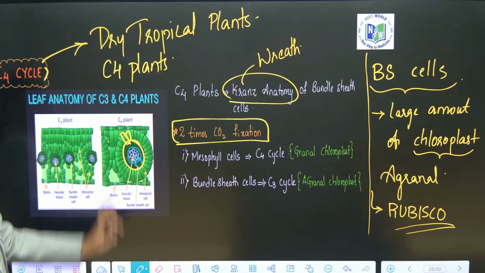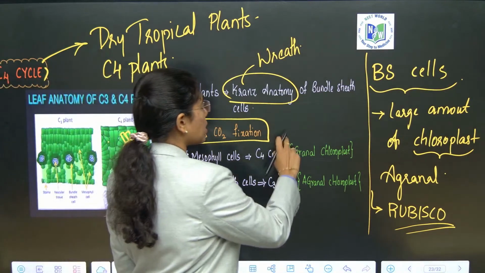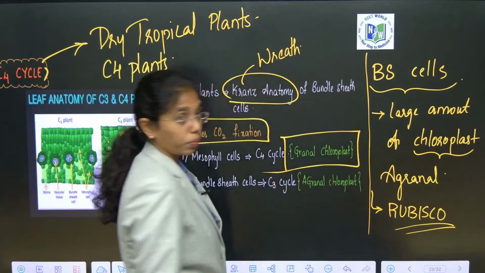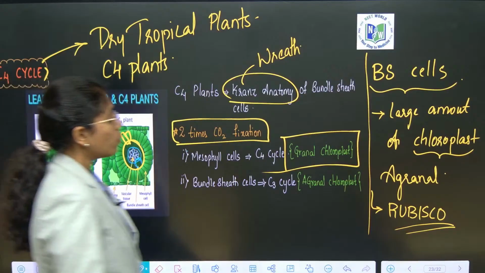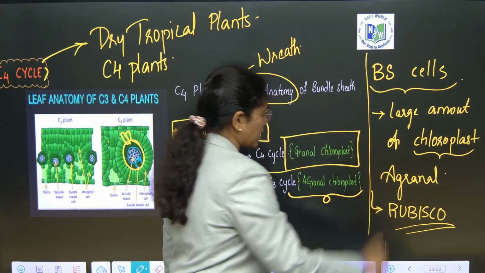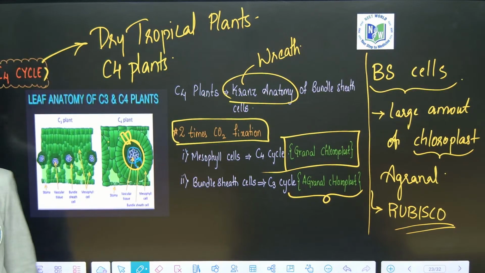First it occurs in the mesophyll cells, where the C4 cycle takes place and which has granal chloroplasts. Inside the bundle sheath cells, the C3 cycle takes place, which has agranal chloroplasts. Clear with the anatomy of C4 plants? Any doubt anywhere?